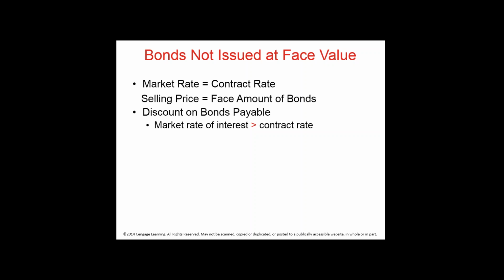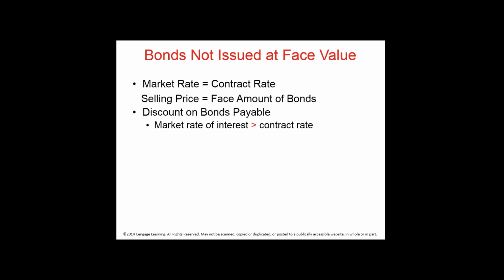If the market rate's the same as the contract rate, then sure, I can sell them for the face. Because if I'm paying 6% and the market's paying 6%, great deal. Especially when it's guaranteed for 5 years, because who knows what the market's going to do in 5 years. But if the market rate's more, why would I pay $1,000 for a bond?